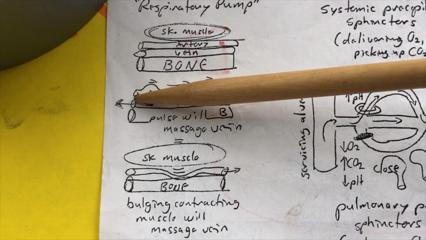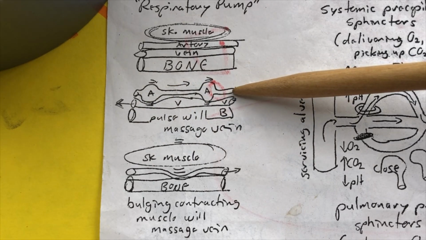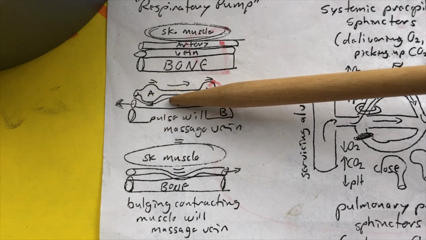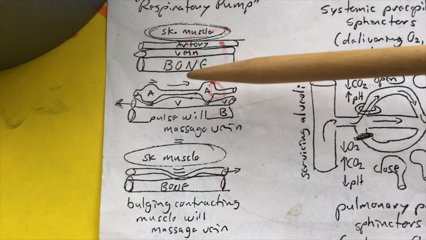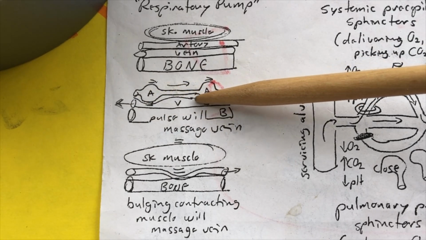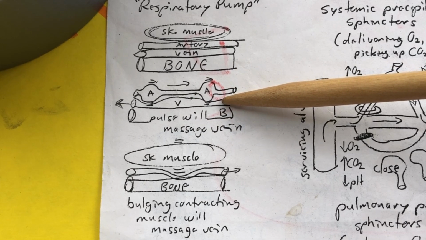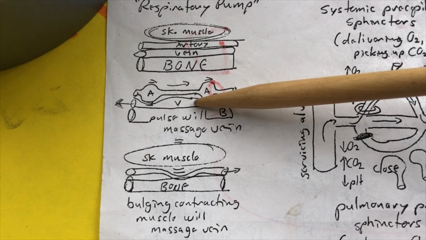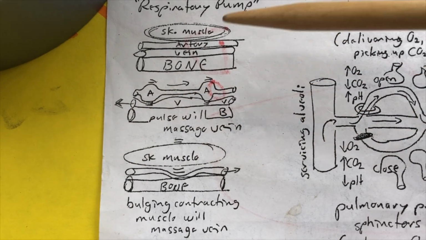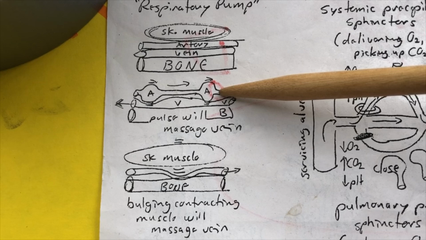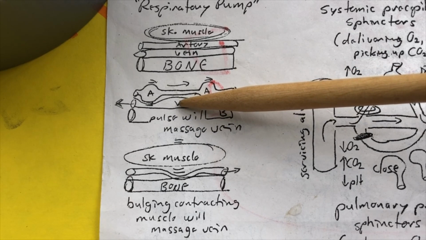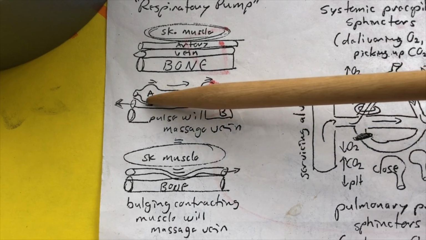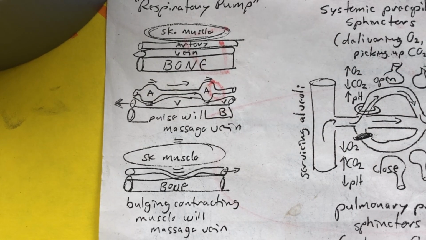And so when the pulse moves down the artery, say towards the foot, if we're talking about the leg, that pulse massages the vein. And it creates little high pressure zones as it moves through or by the vein. With the valves in the vein, this of course will allow the blood to then be pushed towards the heart. So the pulsing of the artery can massage the vein, and because of the valves inside the vein, the blood can move slowly up towards the heart.